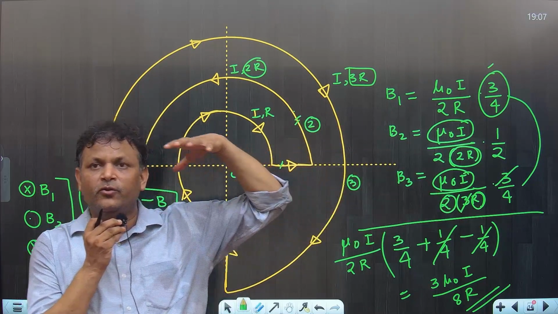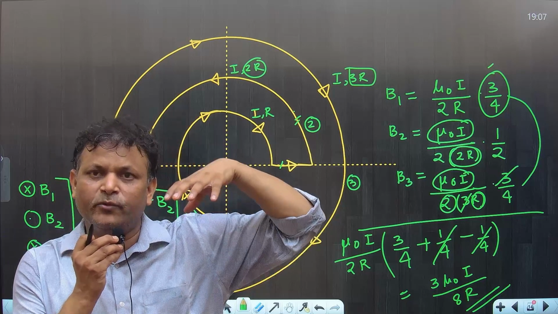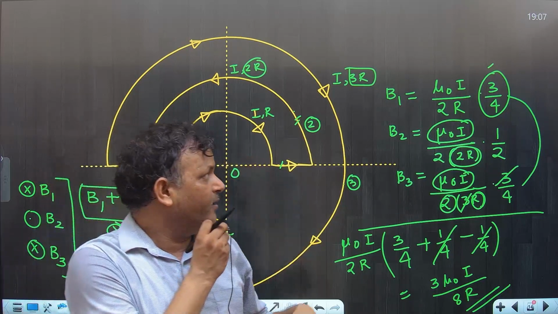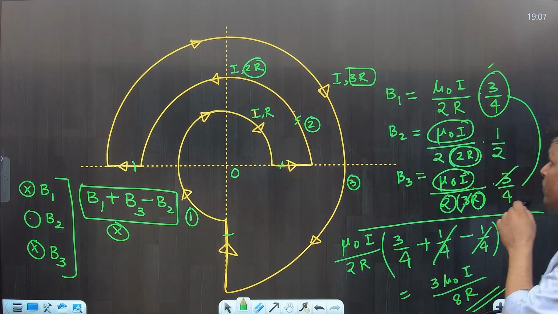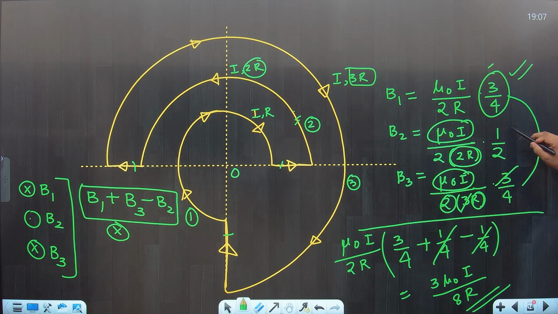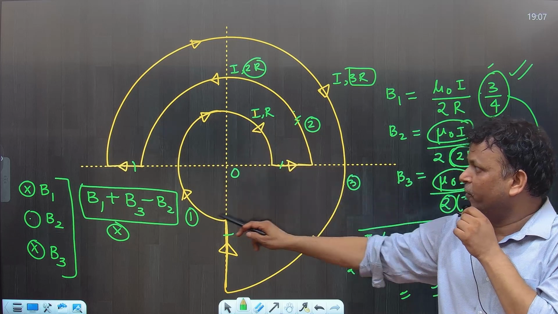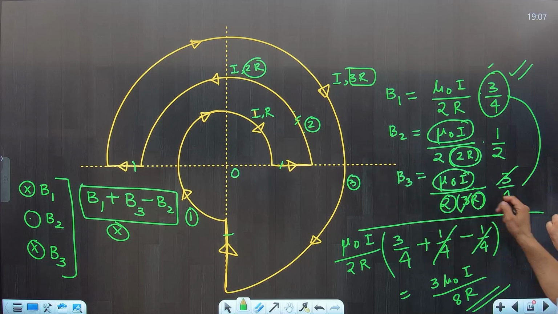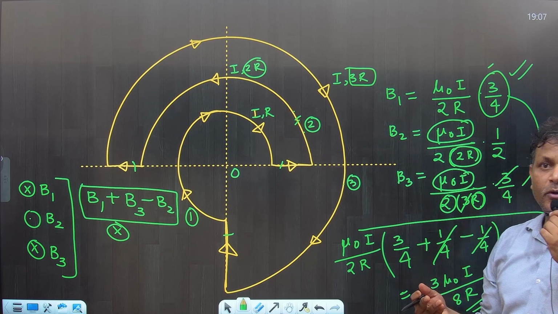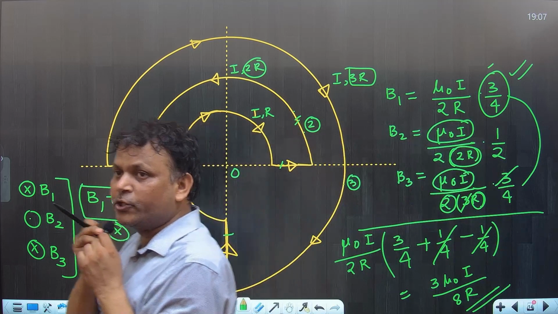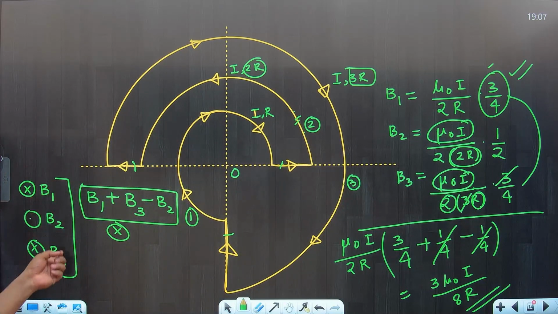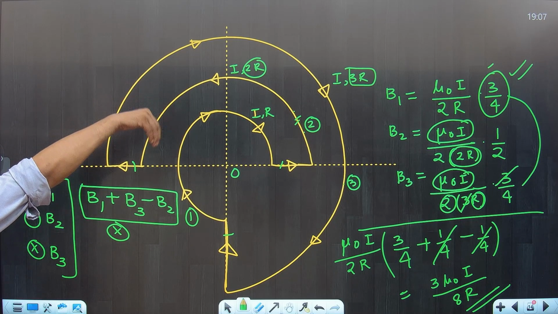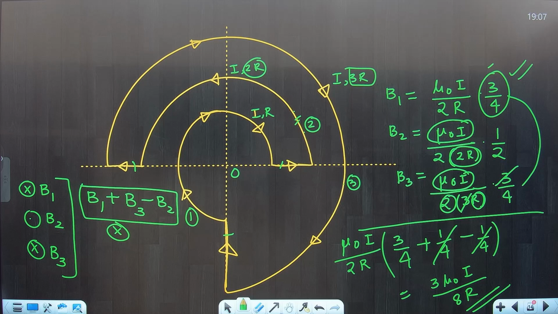First you have to use the right formula, then the right value of radius, and secondly you have to write the fraction of the circle: this one was 3/4 of the circle, this one was half of the circle, and this 3 was 3/4 of the circle. Then you have to find the direction of the magnetic field by curling your right hand fingers along the sense of current. So here, B1 plus B3 minus B2.